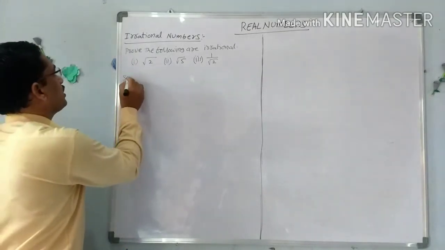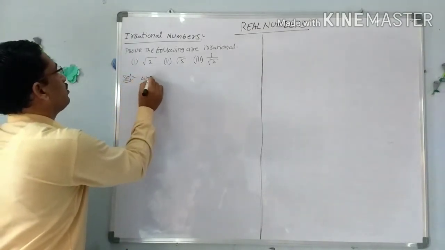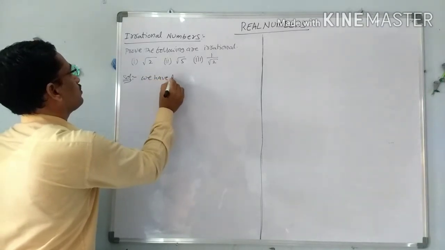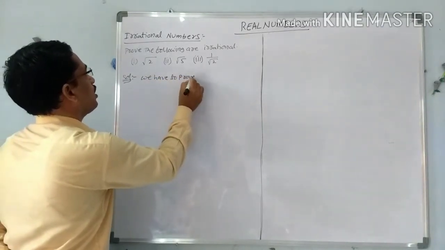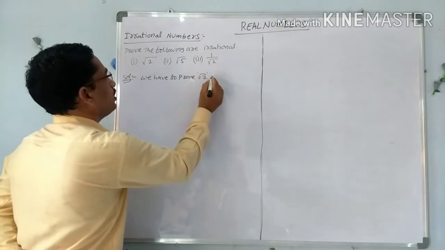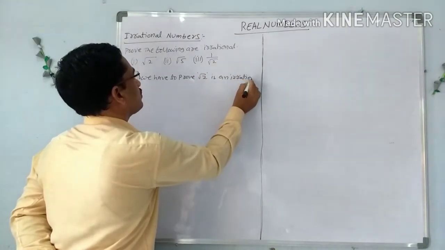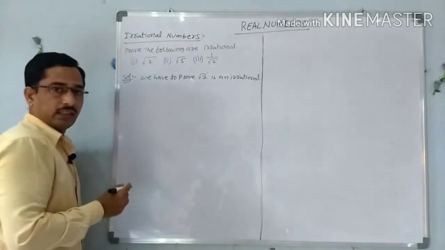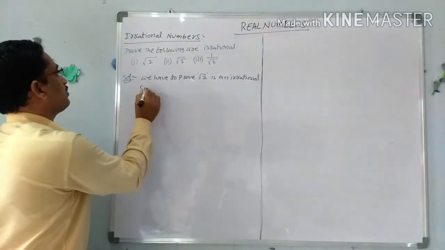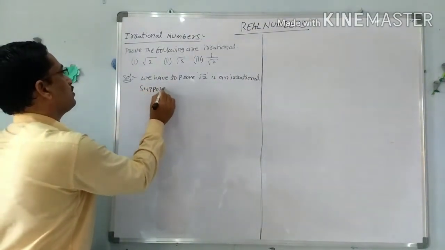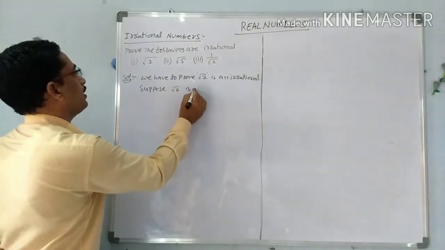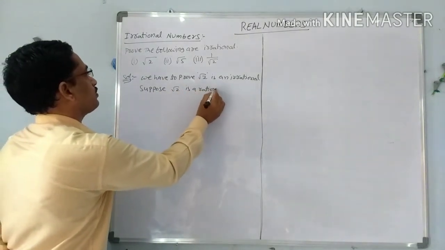See, solution: we have to prove root 2 is an irrational. But suppose root 2 is a rational number.